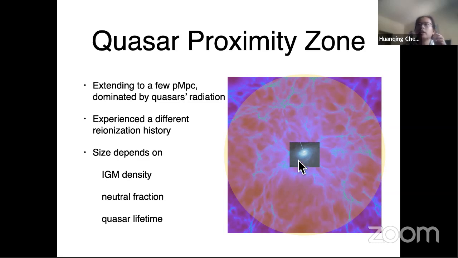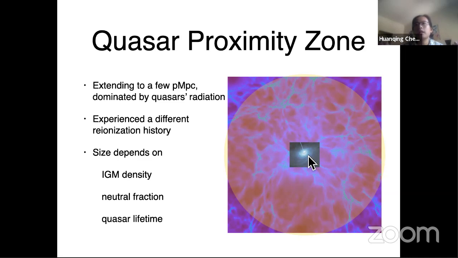Because of the nearby quasar, this region experienced quite a different reionization history than the common field. So studying the gas in this region can help us understand how different reionization histories impact galaxy formation. This is one of the big reasons why quasar proximity zones are so interesting.